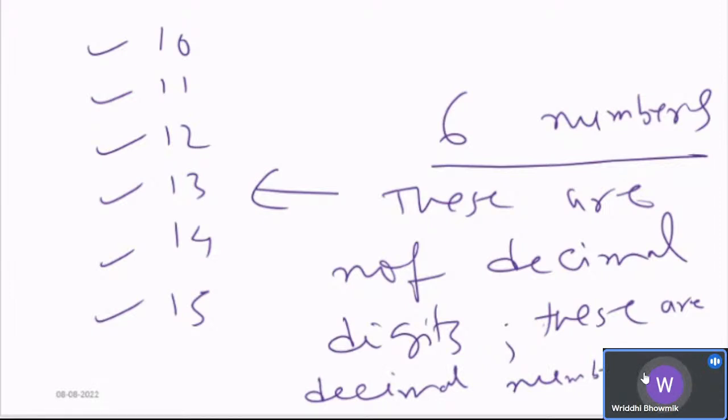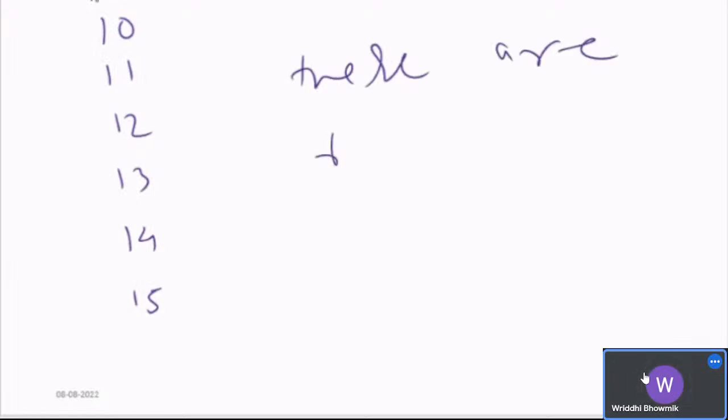These are decimal numbers. We are not going to encode these decimal numbers. So these 6 values, 10, 11, 12, 13, 14, 15, are don't care.